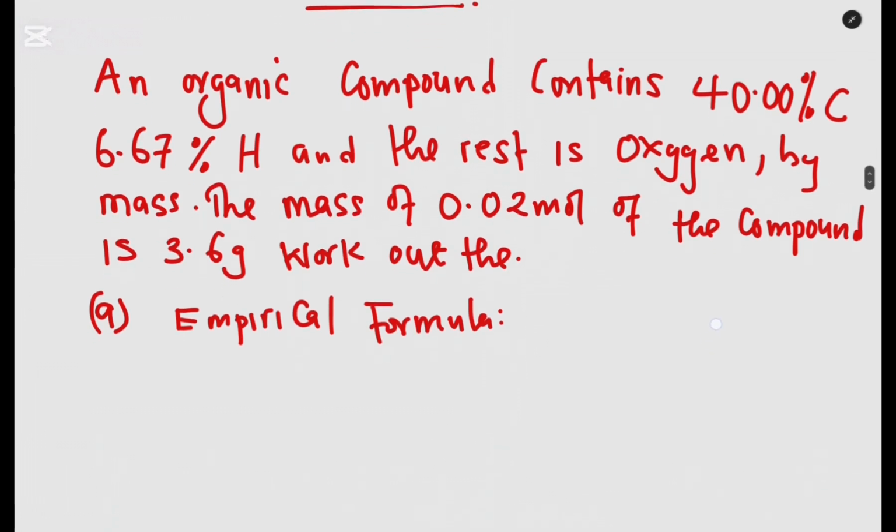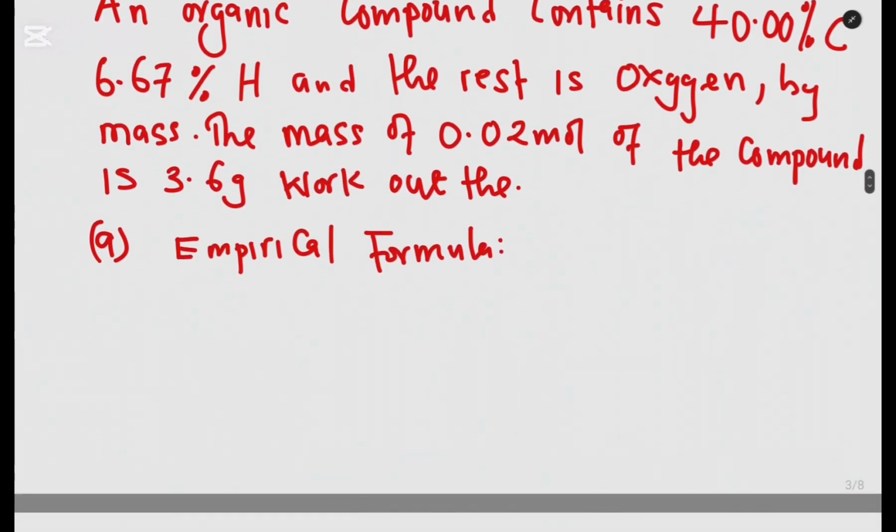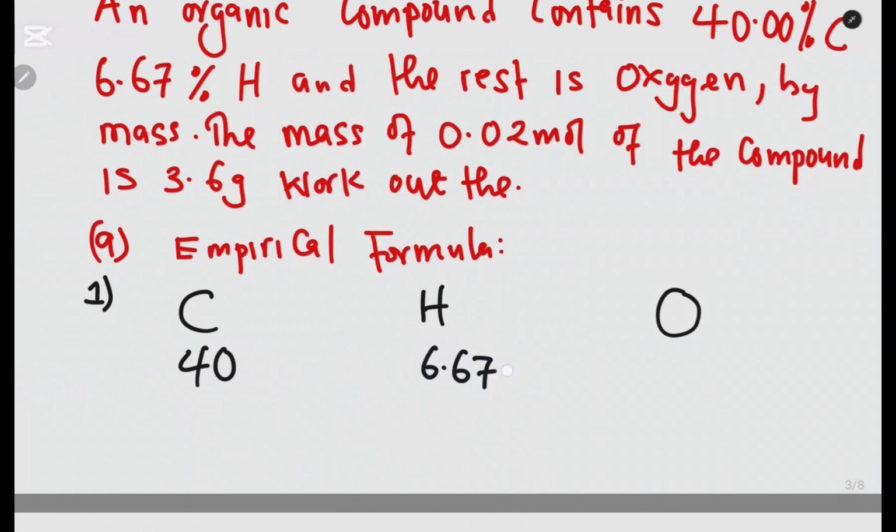Okay, so look at this one. What is the first step? We identify the elements involved. So in this case, we have 40.00% of carbon, so we have carbon. Then 6.67% hydrogen, so we have hydrogen. Then the rest is oxygen, so we have oxygen. Now the second part, we identify their percentages or masses. So carbon is 40.00, just the same as 40. Then this one is 6.67.